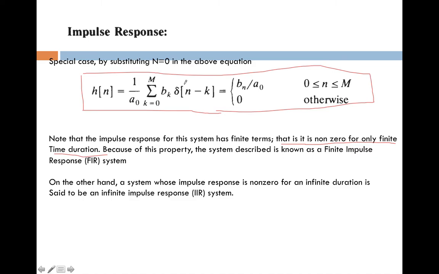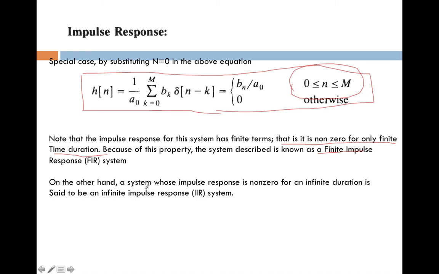This system is defined over 0 to m, and the rest is equal to 0. Hence this system is called a finite impulse response system, shortly called FIR. If it is FIR, then the system consists of a finite number of non-zero elements.